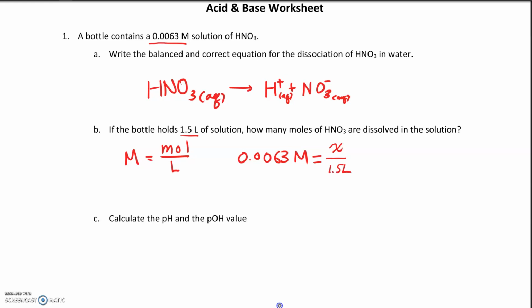We just want to solve for X. In order to solve for X, we manipulate this by multiplying 1.5 liters on each side. We can divide each of these 1.5 on one side. Then we can do the simple math here, which if you put it into the calculator, you should get 0.00945.